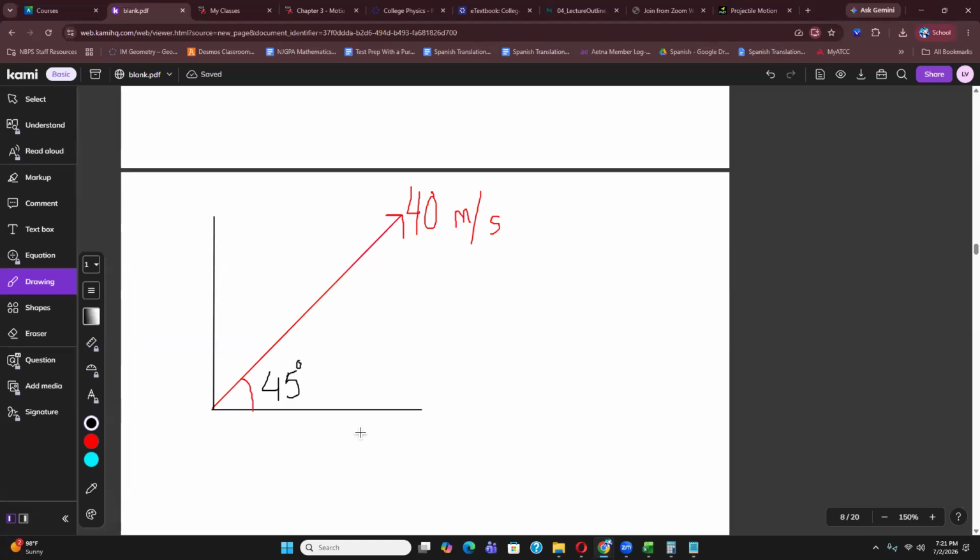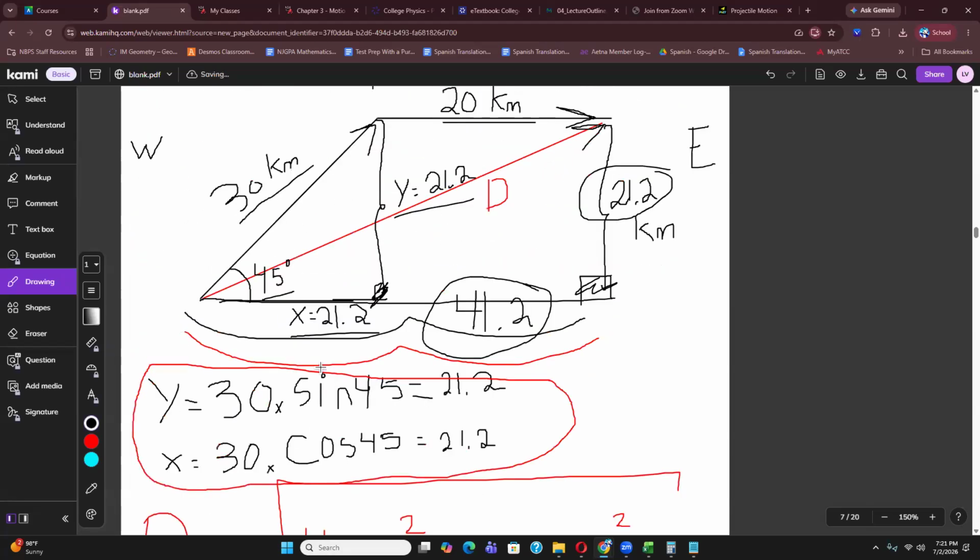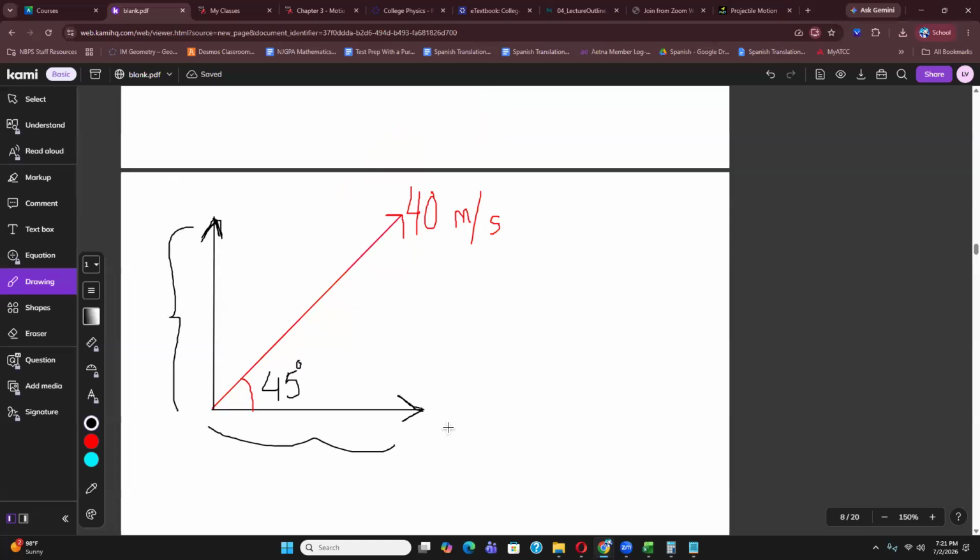The first step in a projectile motion problem, or situation, is to find the x component of the velocity and the y component of the velocity. Okay, you need to find both. And just like we did here, we have to use our vector components. We call them now Vx and Vy.